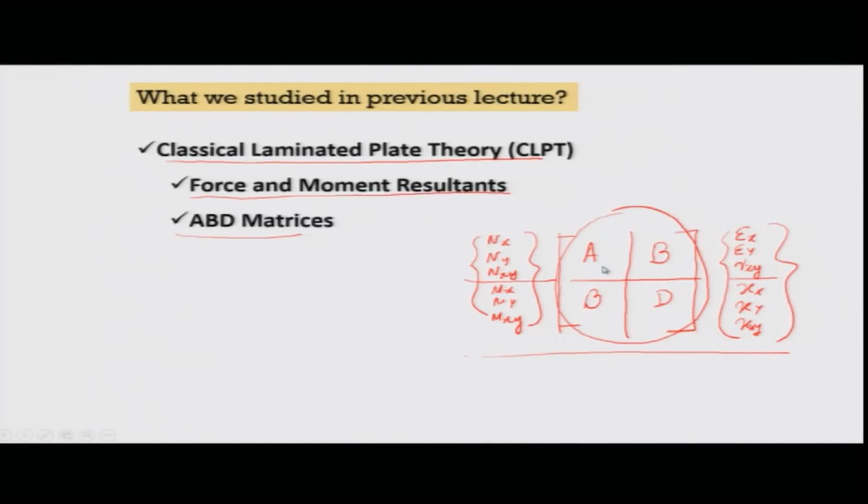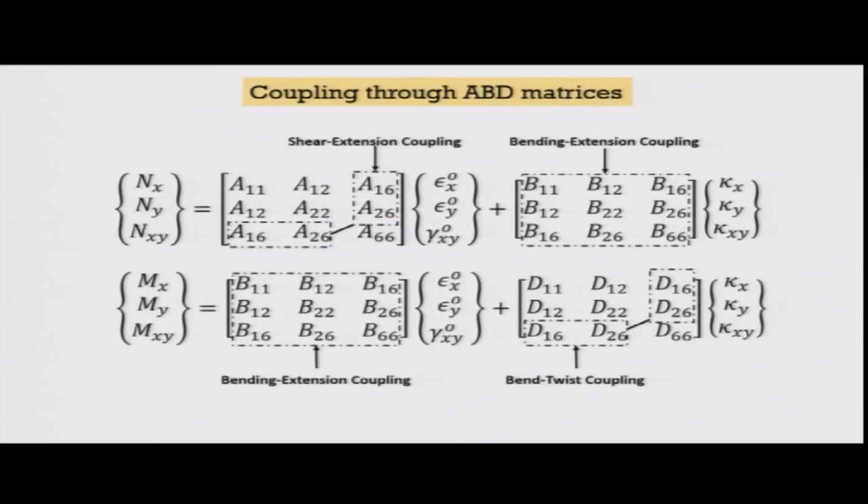We are going to see what changes in the ABD matrix we can make and how they reflect in the behavior of the system. We will go through the coupling of these ABD matrices, its application in CLPT, and how the system behaves under thermal or hygroscopic loading. This is our intention in this particular lecture.